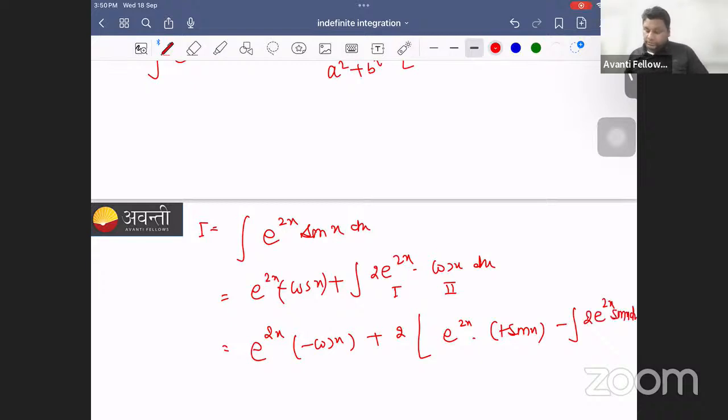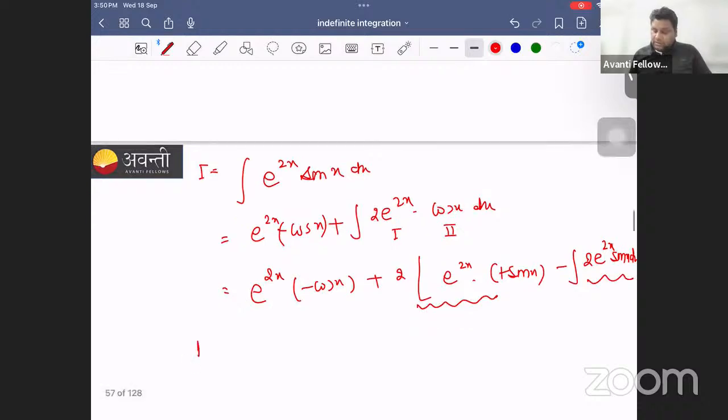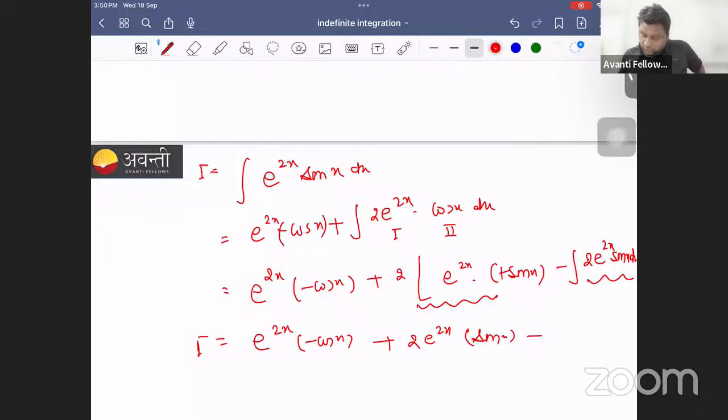Got it? Now if you realize, this came, not this one, sorry, this came as I again. So I is e to the power 2x into minus cos x plus 2 e to the power 2x into sin x, and minus it is 2 and 2, 4I.